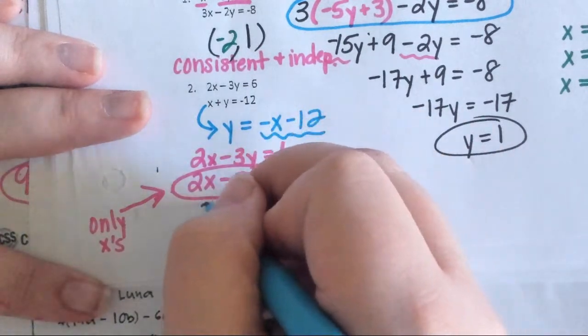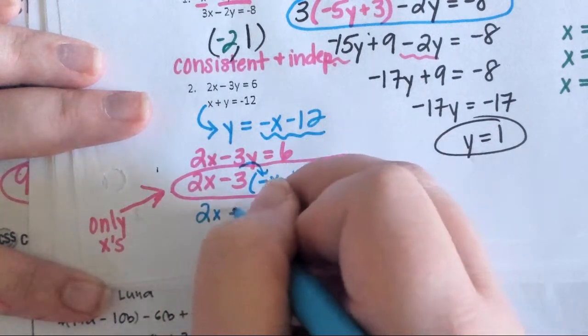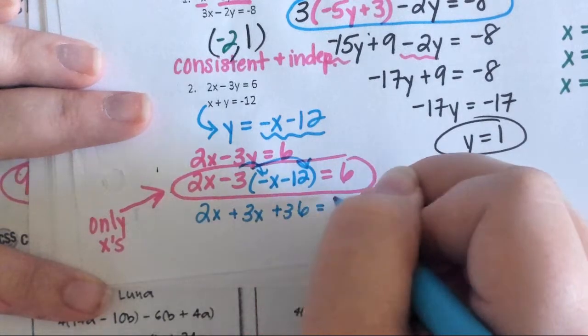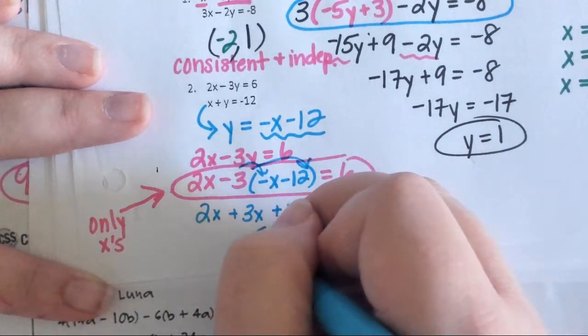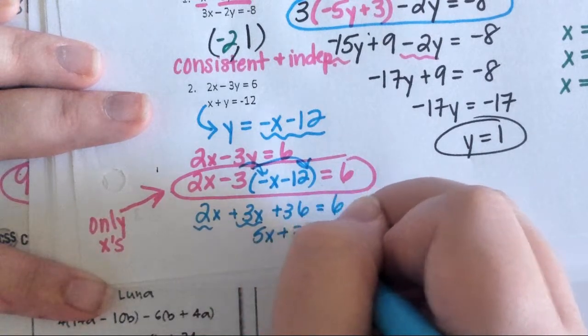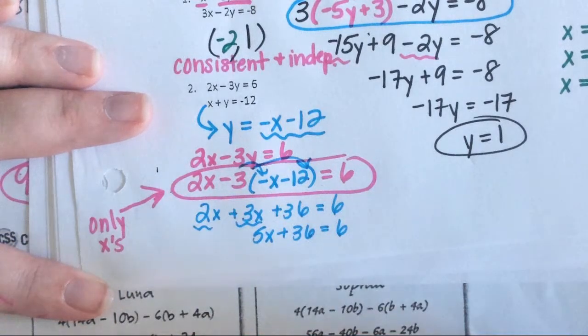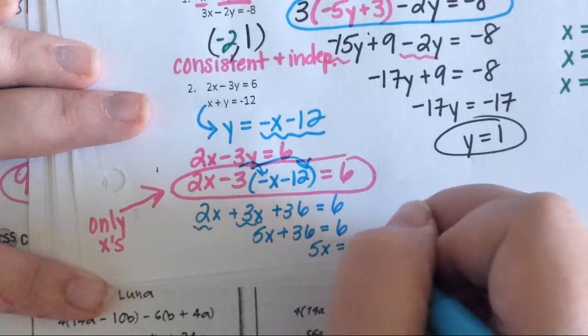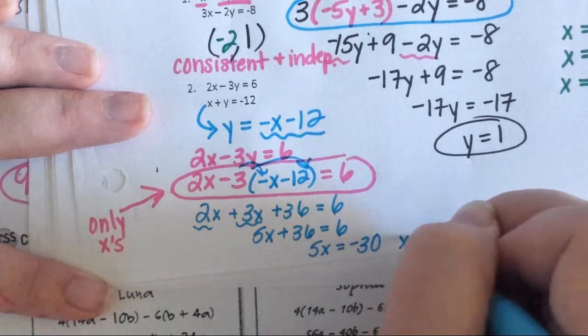Okay, if I solve from here, I have 2x plus 3x plus 36 equals 6. So 5x, because I combine my like terms, 5x plus 36 equals 6. I subtract 36 from both sides. I get 5x equals -30. So x ends up equaling -6.